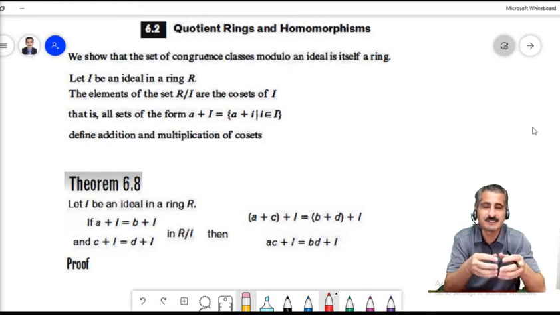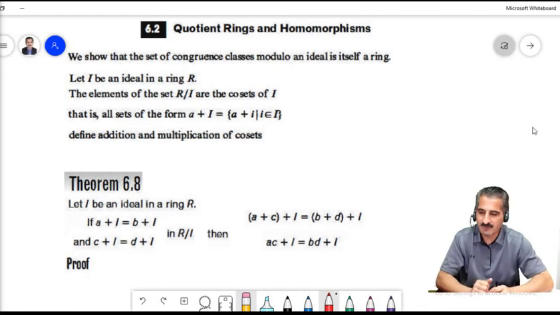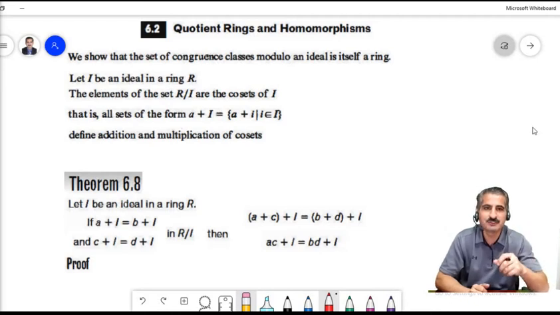A quotient ring is essentially the same as a quotient group, but as you know, a group has one operation only, while a ring will have two operations. So a quotient ring is a quotient group with an addition operation and also a multiplication operation. What we will see today is a repetition of the results of quotient groups, but extended to take two operations instead of one.